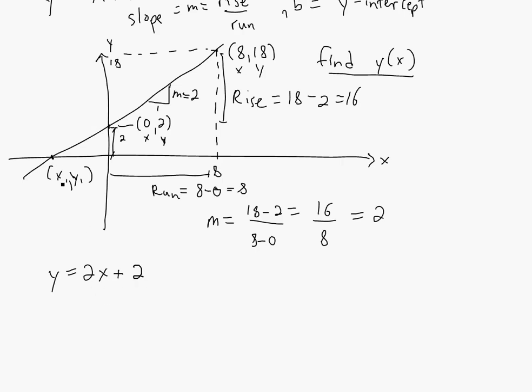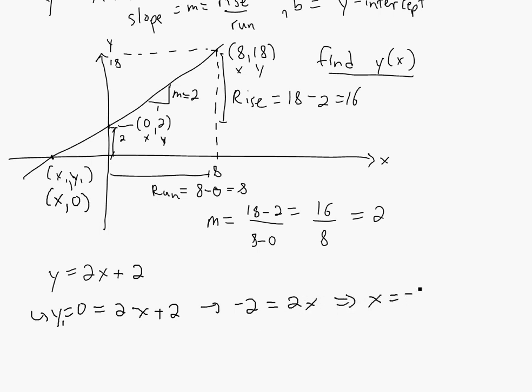Now if we want to solve for x when y is 0, let's call this y1 equals 0. Then we get 0 equals 2 times x plus 2. If you take it to the other side, we have negative 2 equals 2x, and then x equals negative 1, so this point is negative 1 and 0.